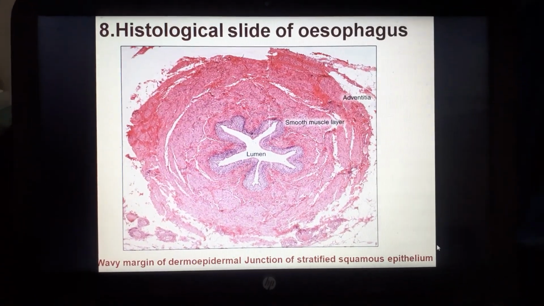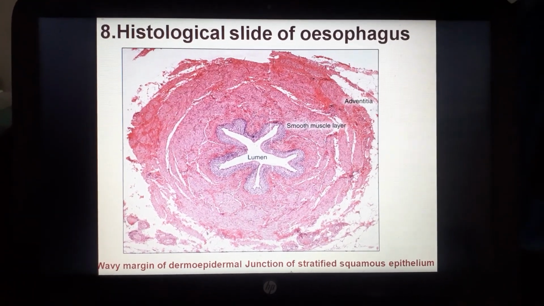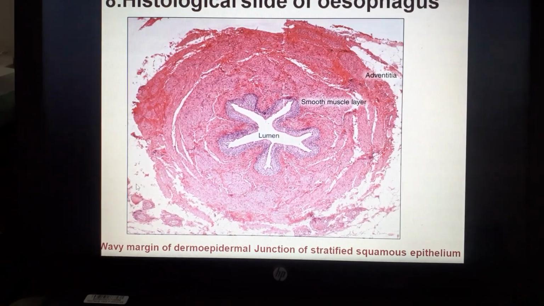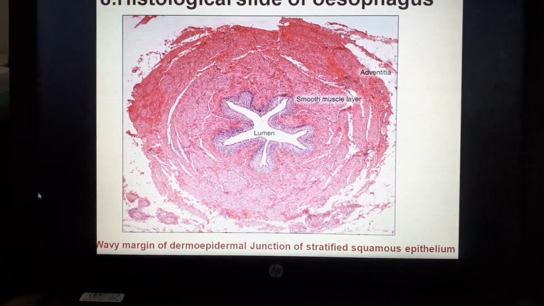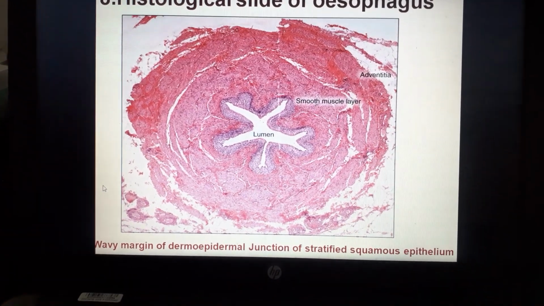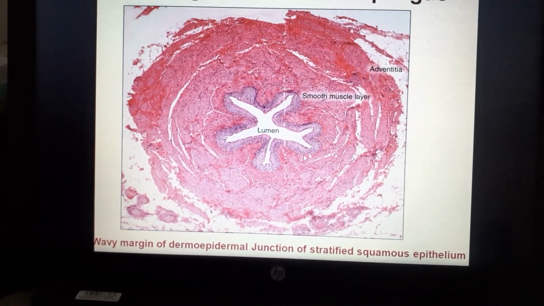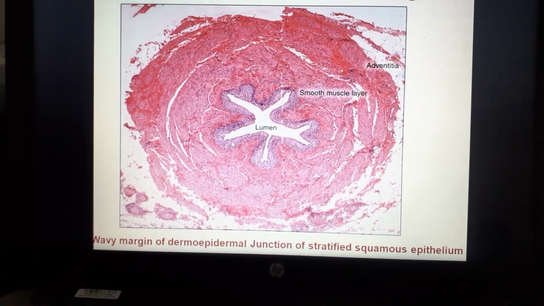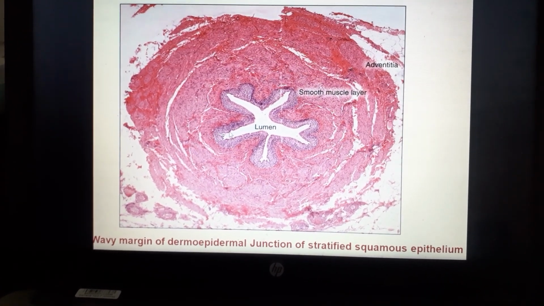In esophagus, even though this looks like villi, the protrusion, the diagnostic criterion is the wavy margin of dermoepidermal junction. Here you can see this is epithelium, stratified squamous epithelium.